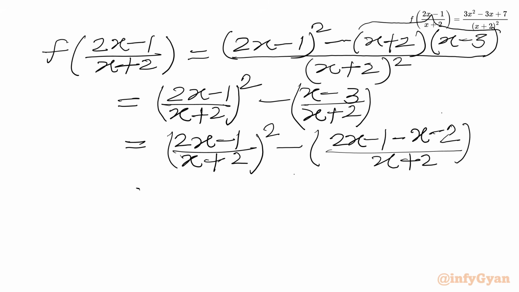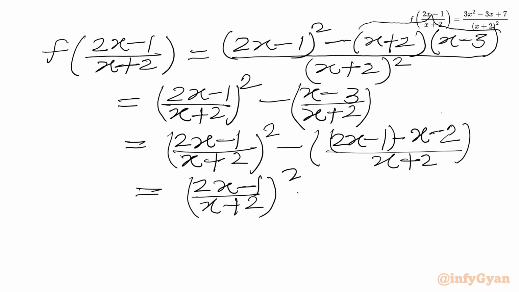Again we will split the numerator with respect to the denominator, and we will get ((2x - 1)/(x + 2))². Now we will split with respect to 2x - 1. So we can write minus (2x - 1)/(x + 2).